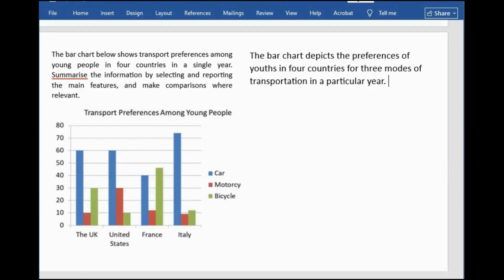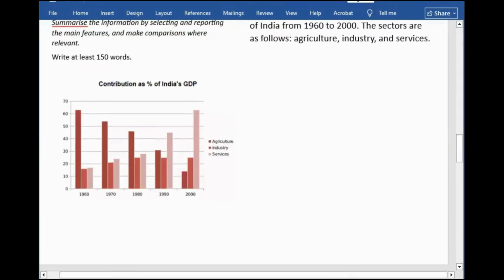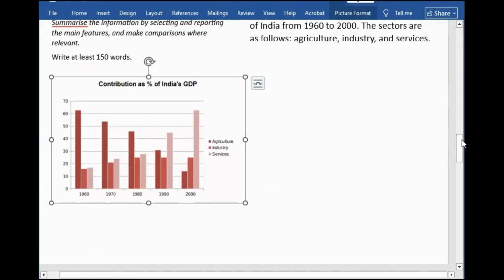In my first sentence, I've presented the what. You must always present the what. In this case, what is the what? The transportation preferences of youths. When I say what, I mean: what is that chart about? What is the key issue that chart presents? This chart is telling us what young people prefer to use as a mode of transport. What is the key issue for the chart about India?